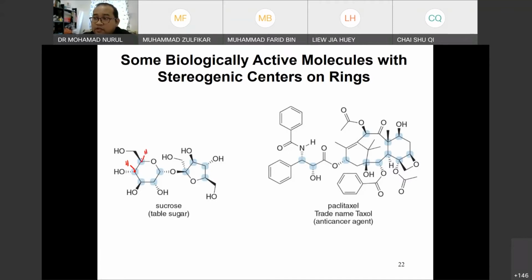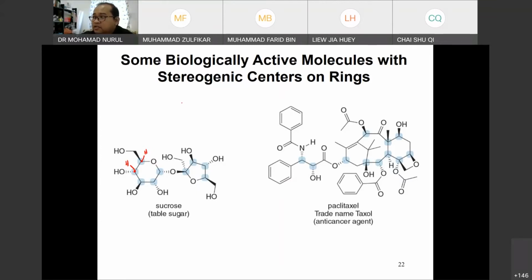We have a methyl together with OH here, another functional group on this side, and also hydrogens. So there are lots of chemicals and molecules in the world that have many stereogenic centers.